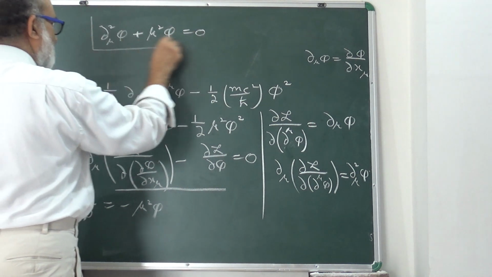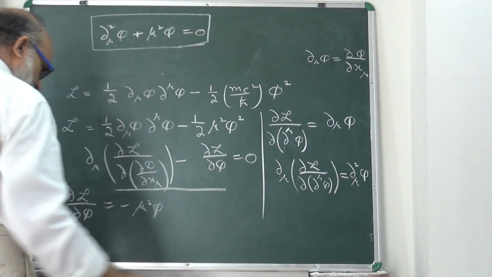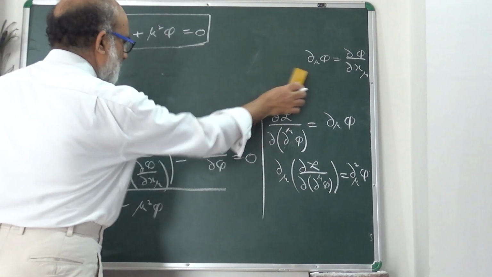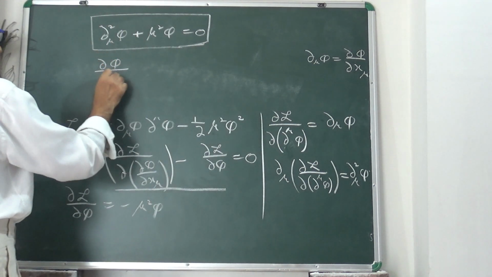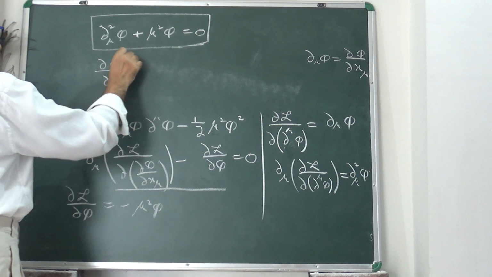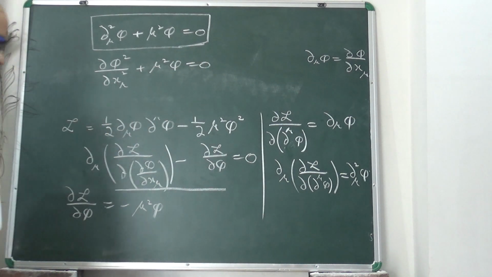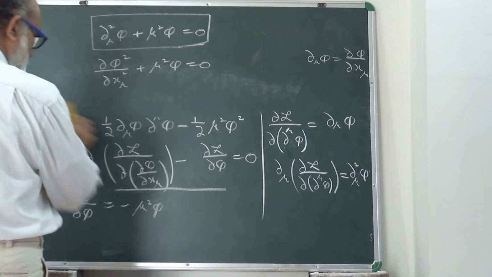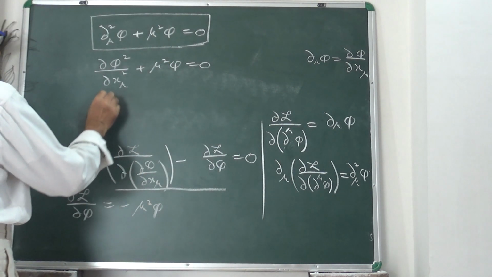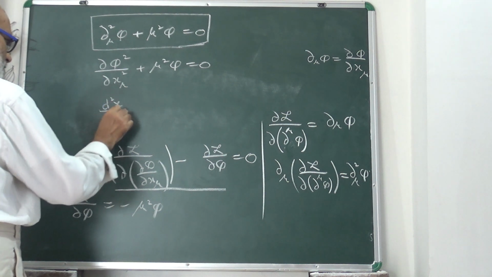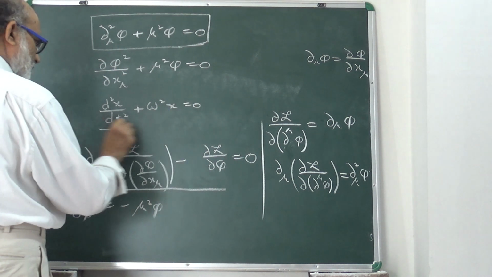So this is our equation of motion. This is just like our equation of motion for a particle, simple harmonic motion, where d square x by dt square plus omega square x equals zero.